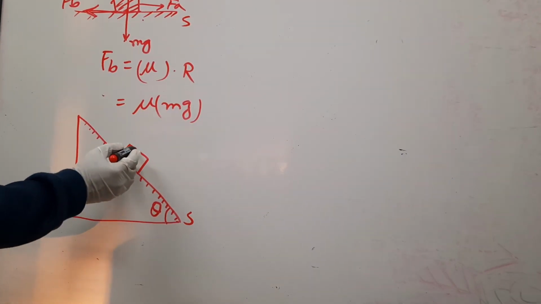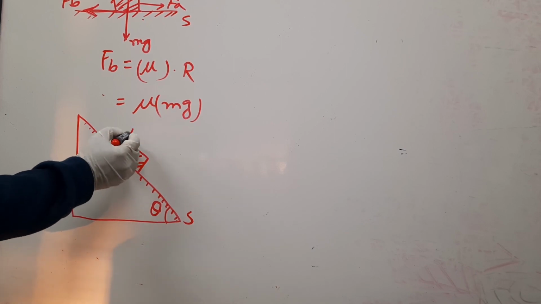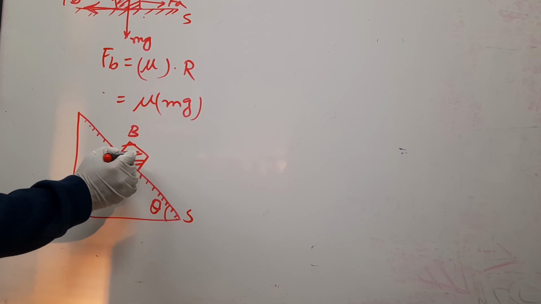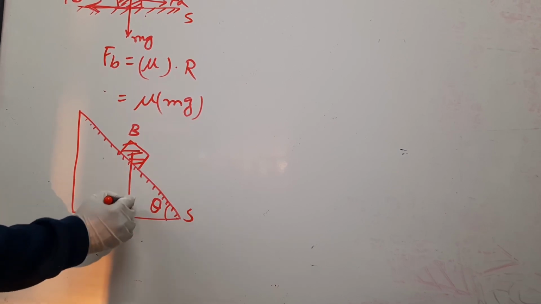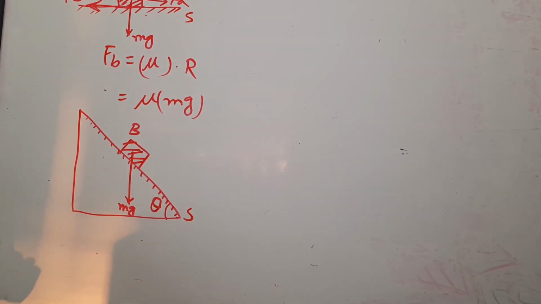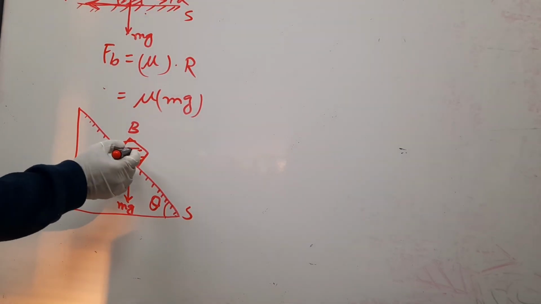Again we imagine we have the same object B on this inclined surface, and the weight of the object, mg, acts straight downwards.